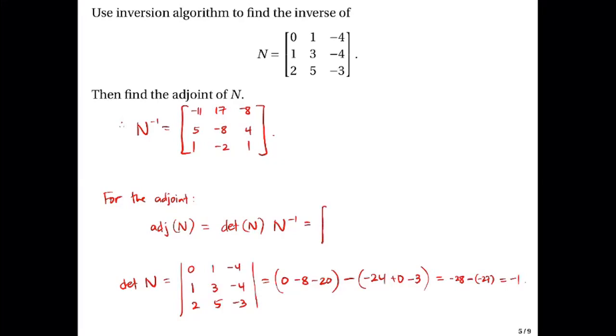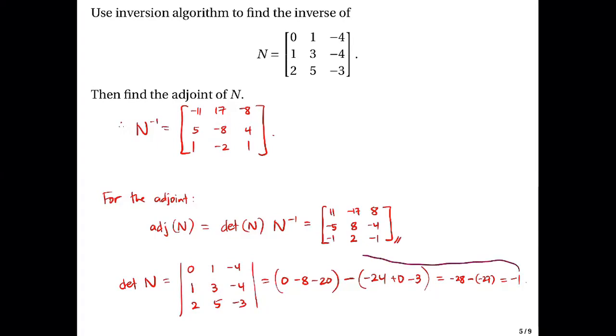So let me just write the adjoint itself. We have here 11, negative 17, 8, negative 5, 8, negative 4, negative 1, 2, negative 1. So this is the adjoint, again taking into consideration this determinant here. Okay?